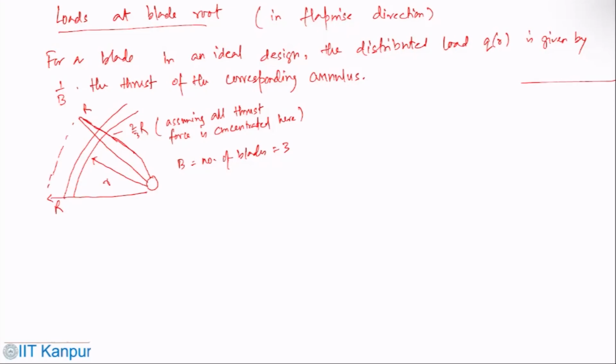So what we already have is dF equals 4A(1 minus A) times half rho U infinity square times 2 pi R dr, which essentially corresponds to the coefficient of thrust, C_T, times A, half rho U infinity square, 2 pi R dr.